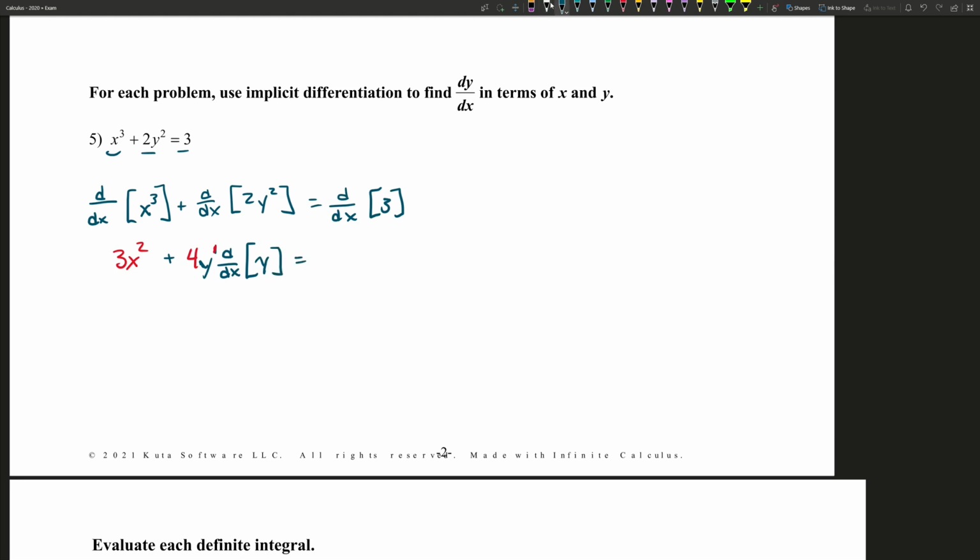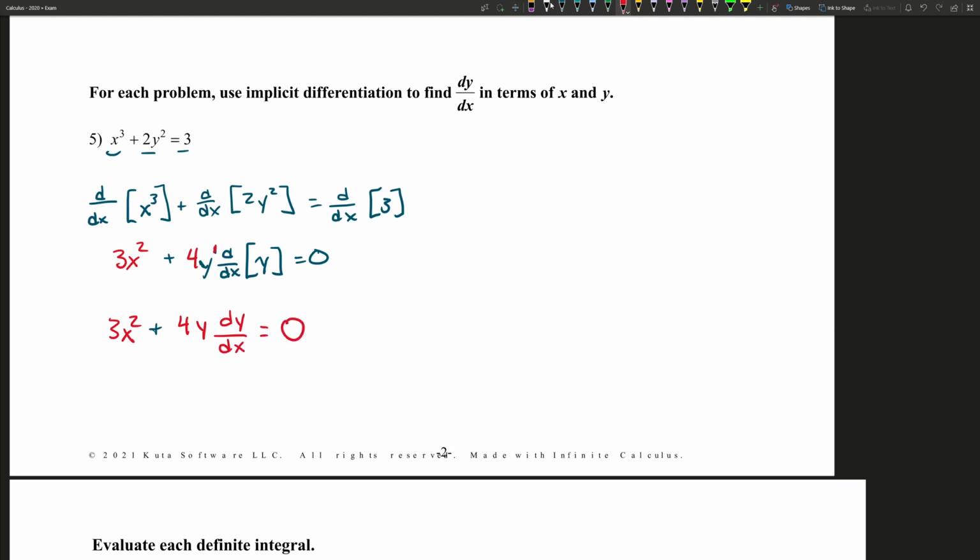All right, and then the derivative of 3, that's just going to be 0. And then we're going to be left with 3x squared plus 4y to the first, so just 4y. And then times d dx of y, which is just dy dx.